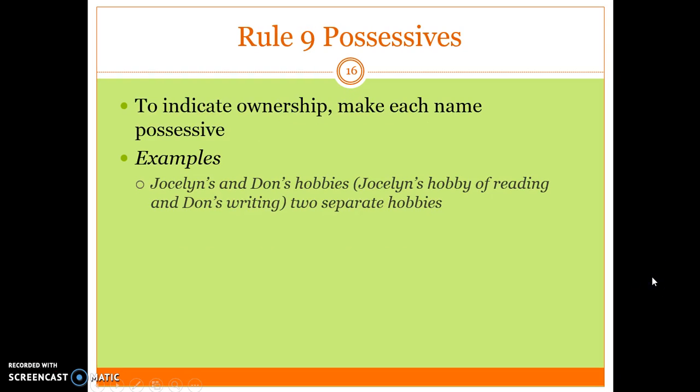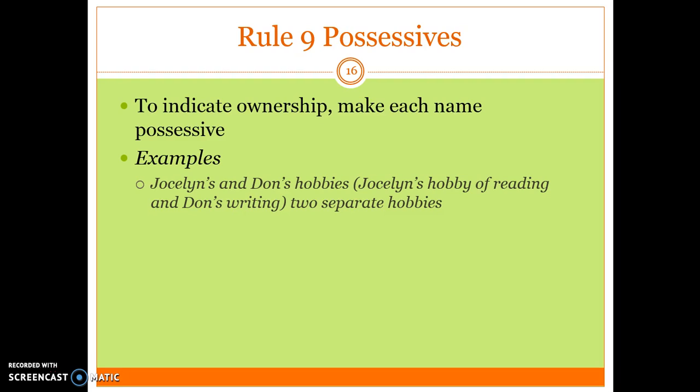Rule number 9 talks about ownership and possession. Now, this is where you can have ownership. You have compound nouns, Jocelyn's and Don's hobbies. Hobbies is plural, and this is an indication that the hobbies are not shared.